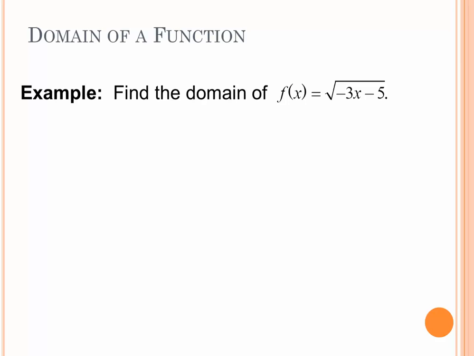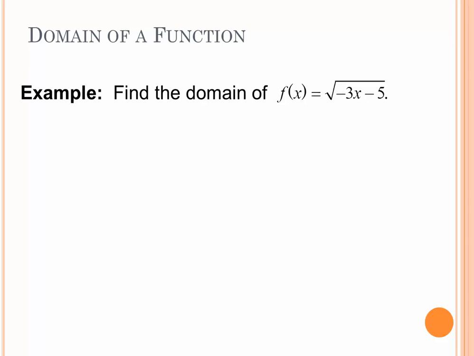Now if we have a function, f of x equals the square root of negative 3x minus 5, this is a radical expression. Specifically, this is a square root function, so it has an even index. What we know about square roots is that if you take the square root of a negative number, it's not a real number.